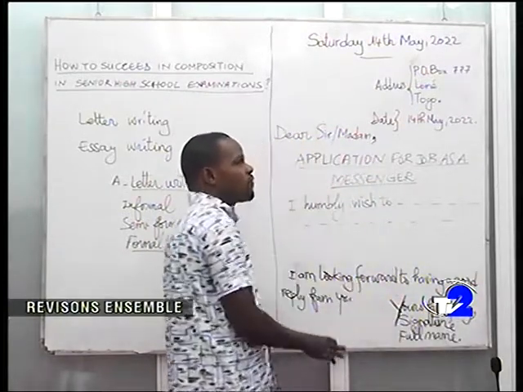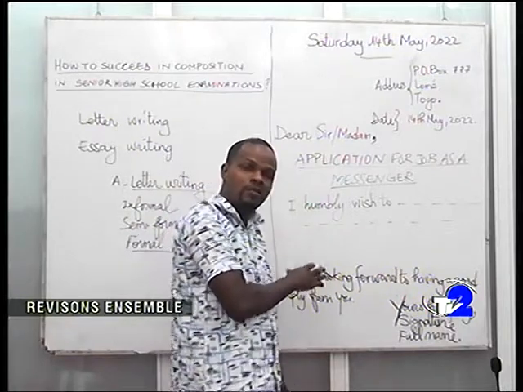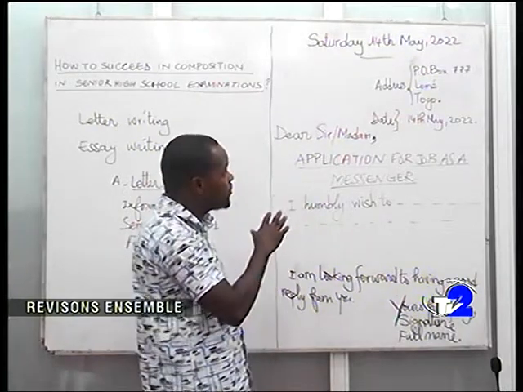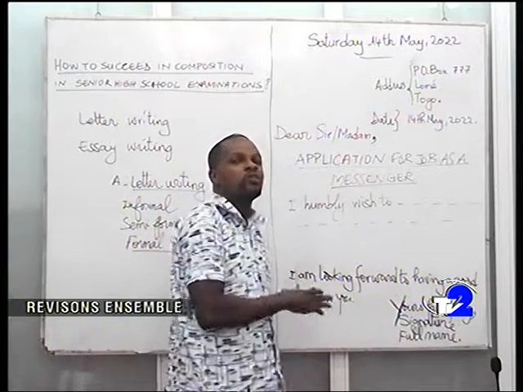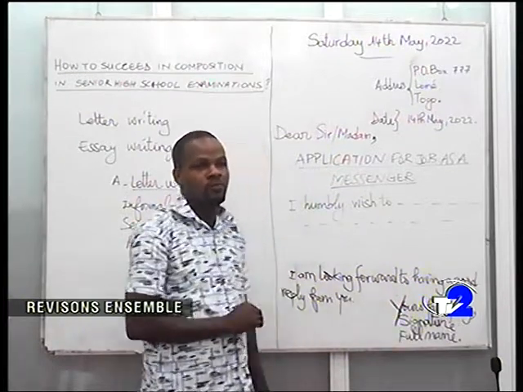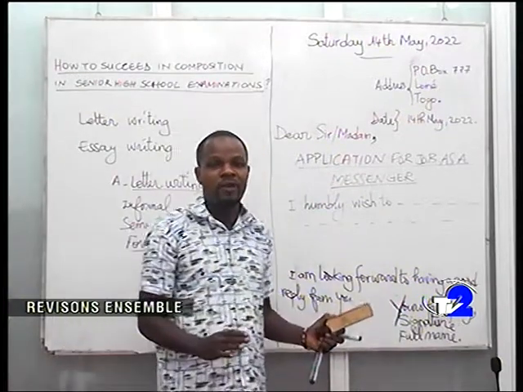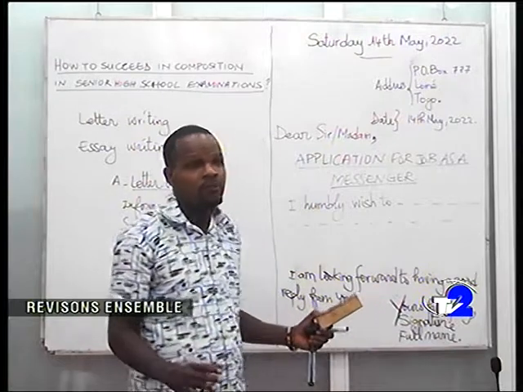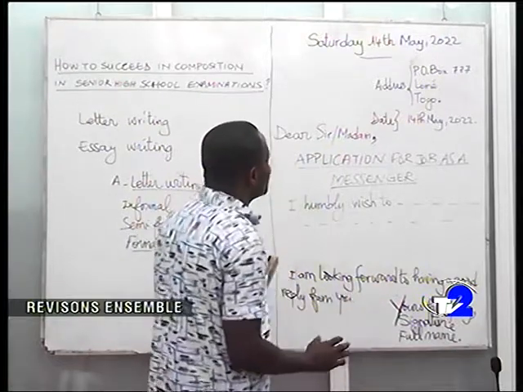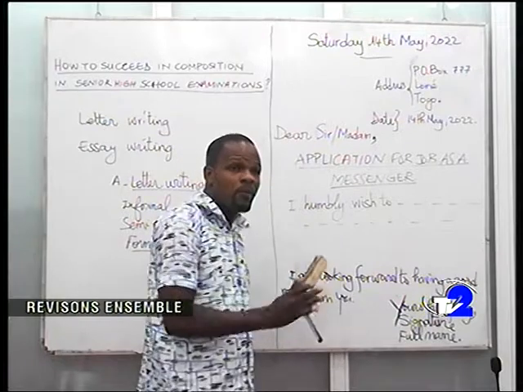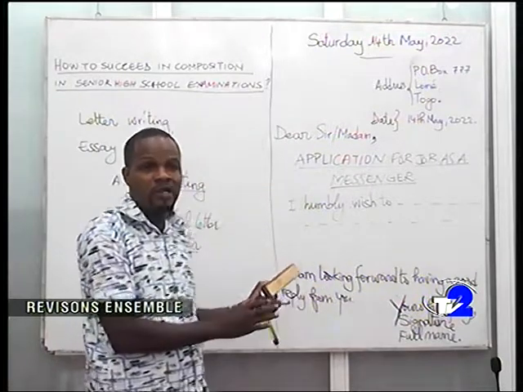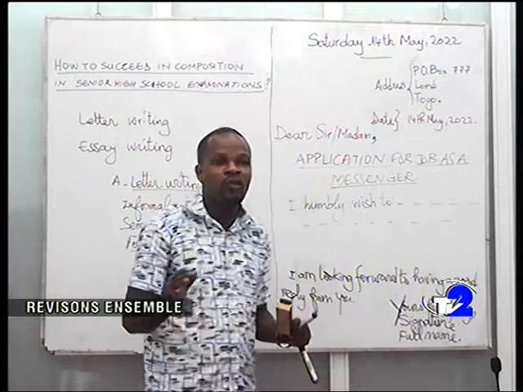But the most important things to write are what we have on the board. I hope it is very clear for everyone. If it is so, let me quickly summarize what we have said about formal letters so that we move to another thing.